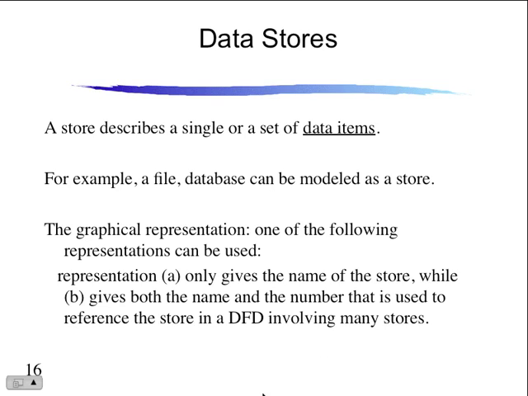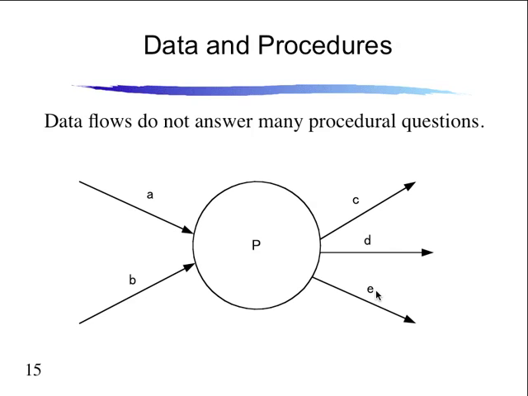All is up to you in terms of how you want to express it. Most people would commonly represent it by a name, so it gives the name of the store instead of a name and a number that's associated with it to reference it. In fact, you see in here, I mentioned before, you can number the processes as well. The processes and the data stores are numbered because then you can track the data.